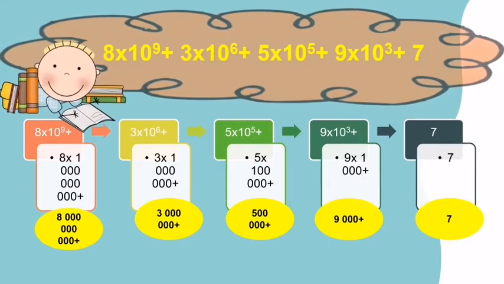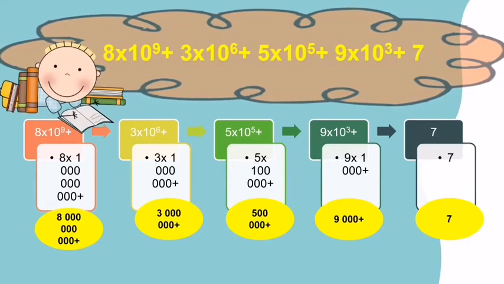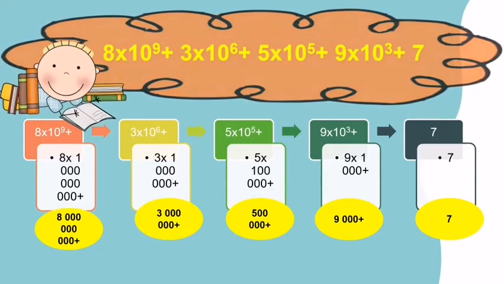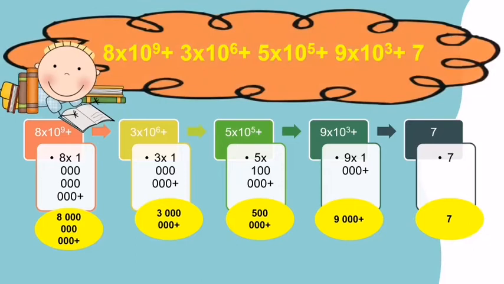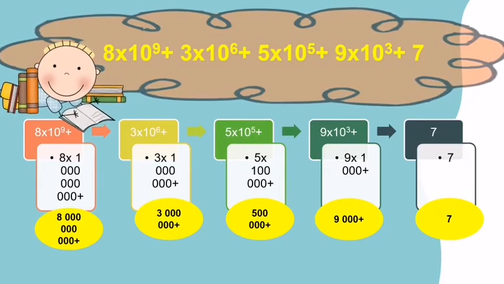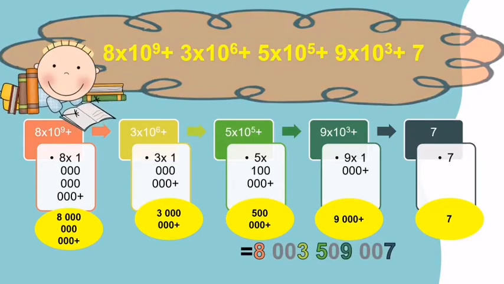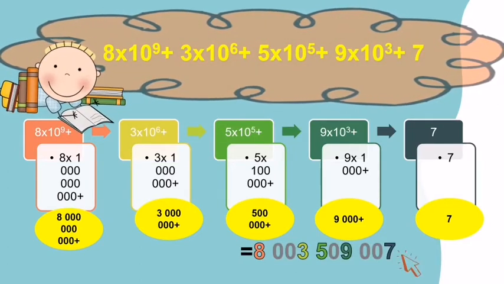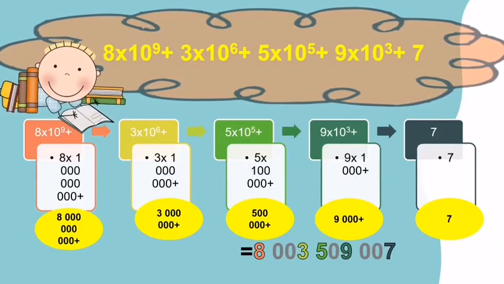Now let us add all these terms in order for you to get your standard form. Now, 8 billion plus 3 million plus 500,000 plus 9,000 plus 7, you got the answer of 8,003,509,007.